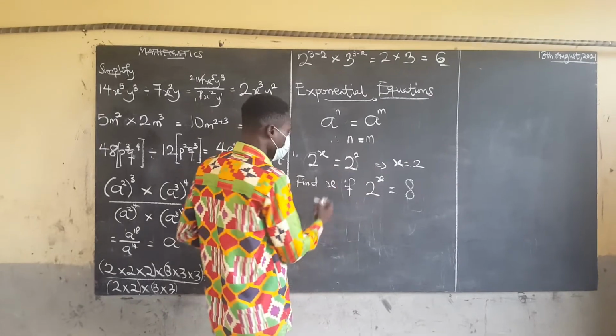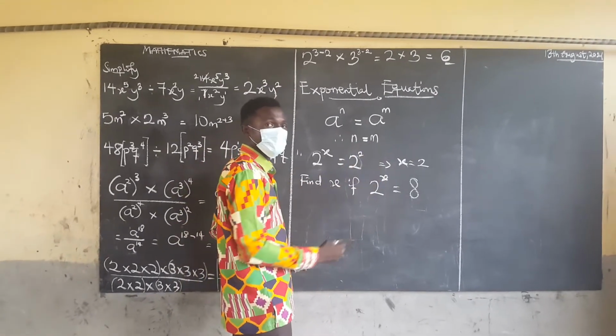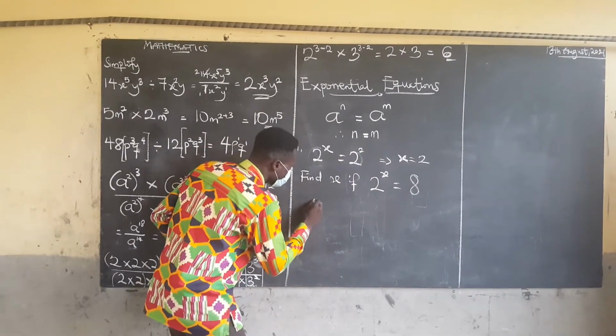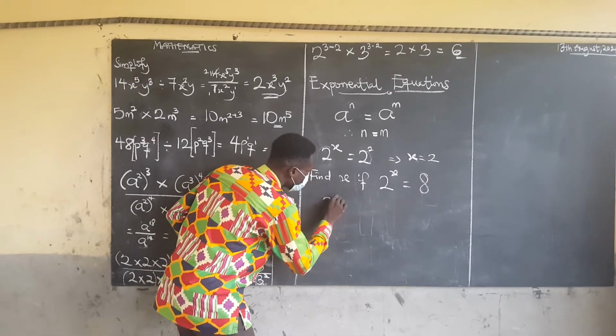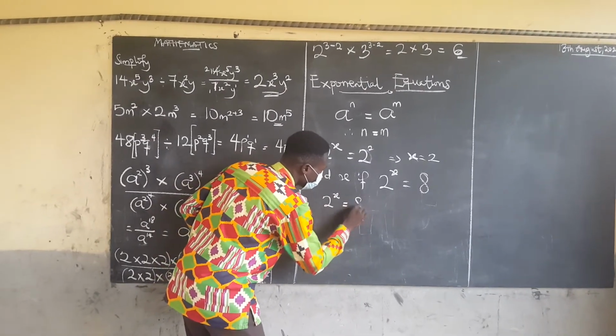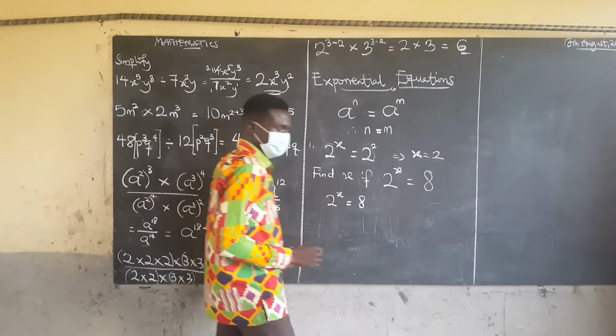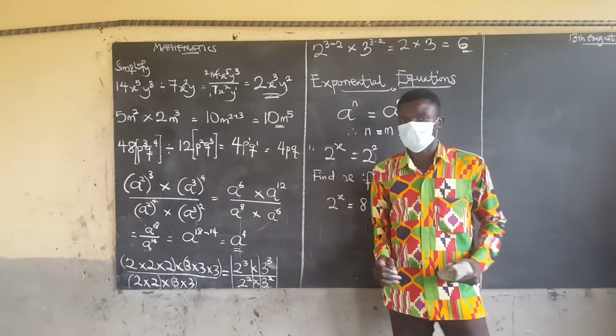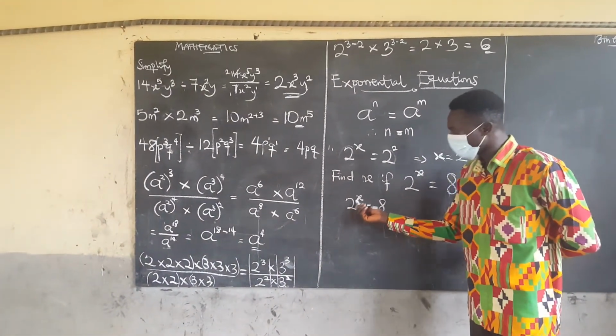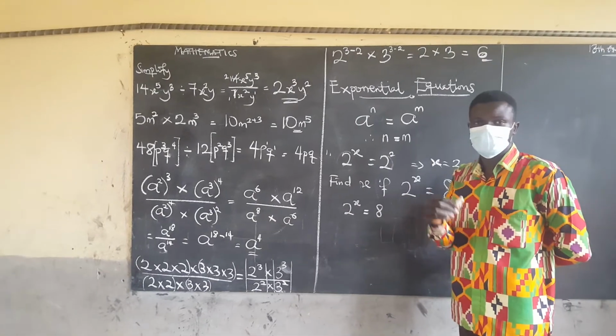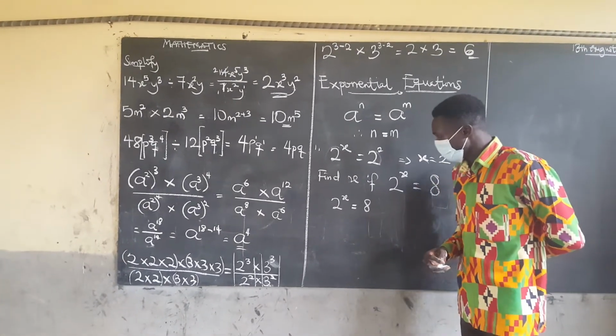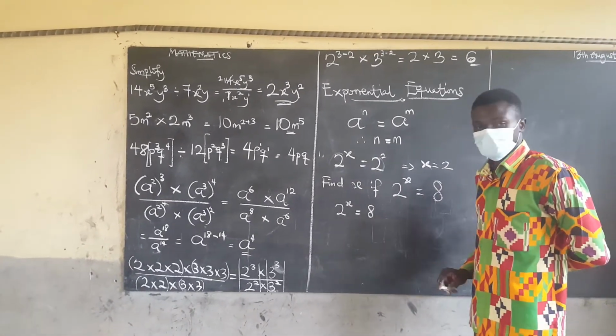So we have 2 raised to the power x is equal to 8. Now look at where the x is. The x is on top of 2, or the x is an exponent of 2. And this is equal to 8.